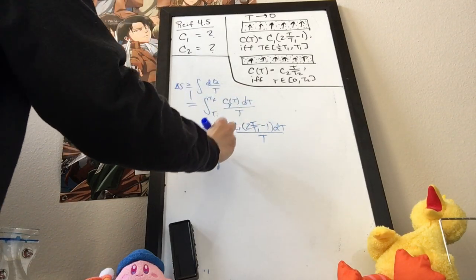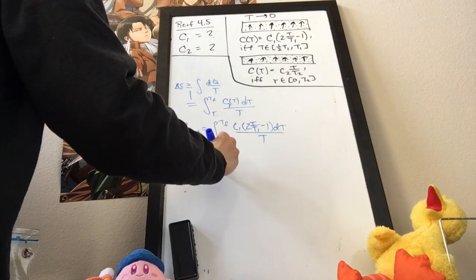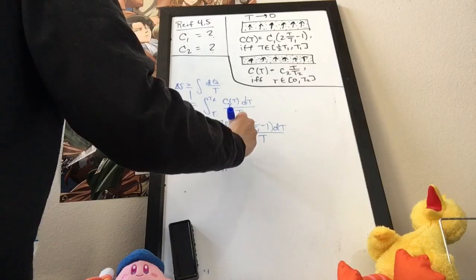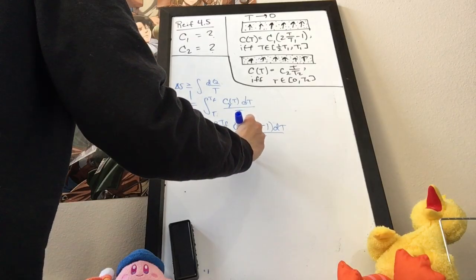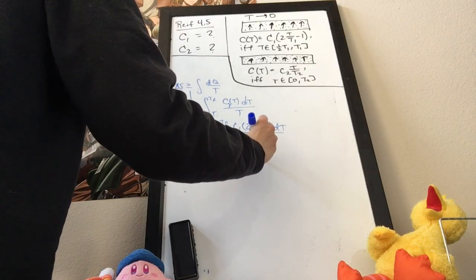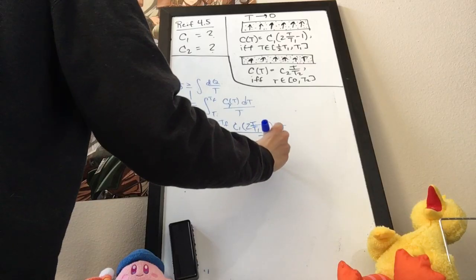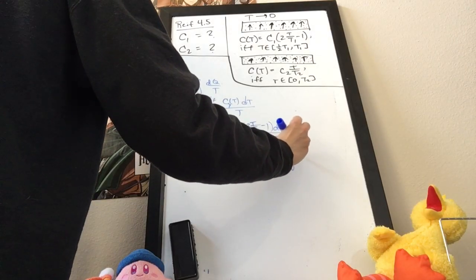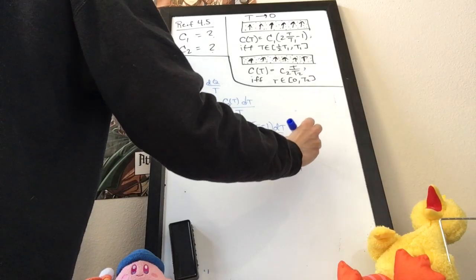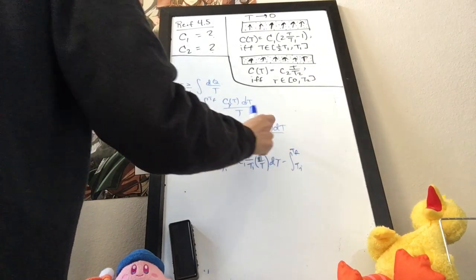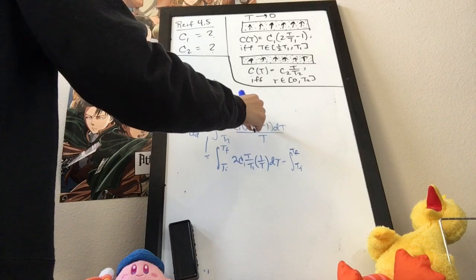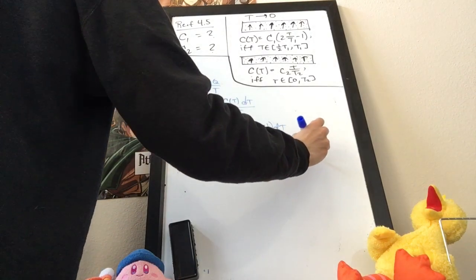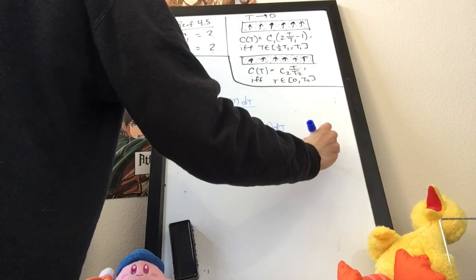So what we get is, with T final and T initial as limits, I'm just going to hang on to those right now, the integral of 2C1 T over T1 times 1 over T dT, minus the integral of C1 divided by T dT.